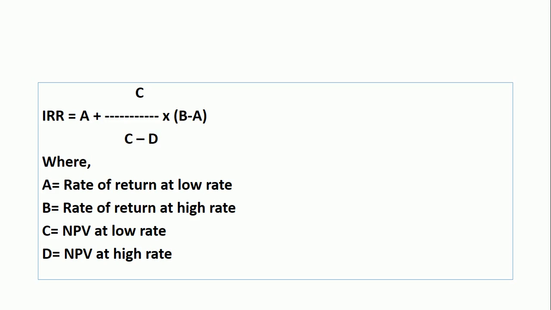To calculate IRR, we have to use the formula. IRR is equal to A plus C by C minus D into B minus A, where A is the rate at low rate, B is the rate at high rate, C is NPV at low rate, and D is NPV at high rate.